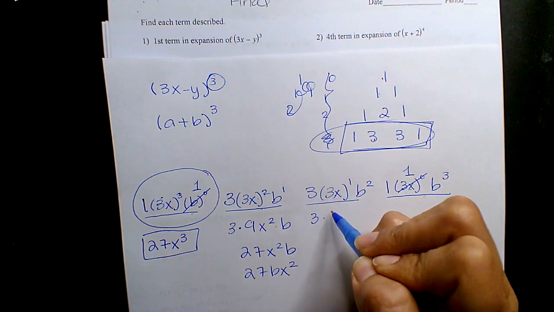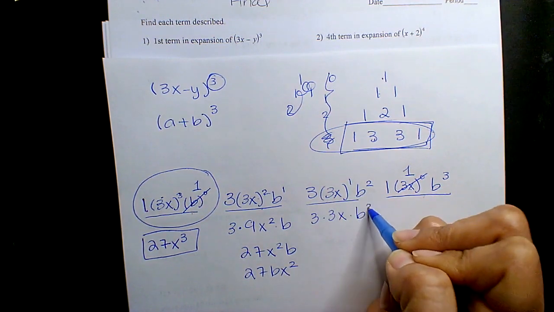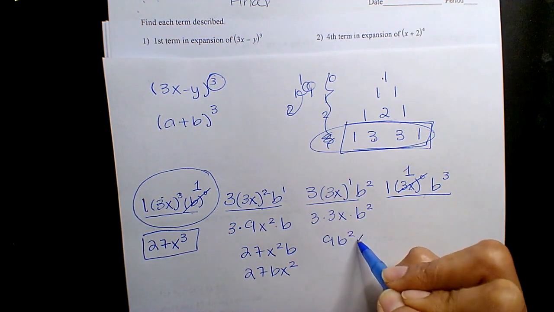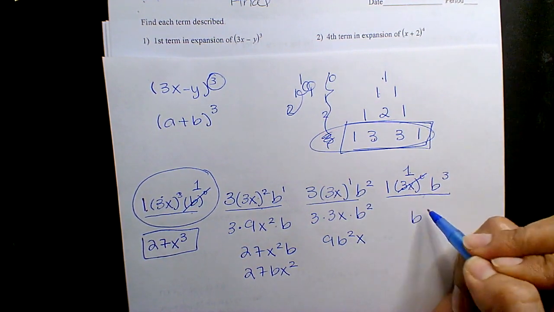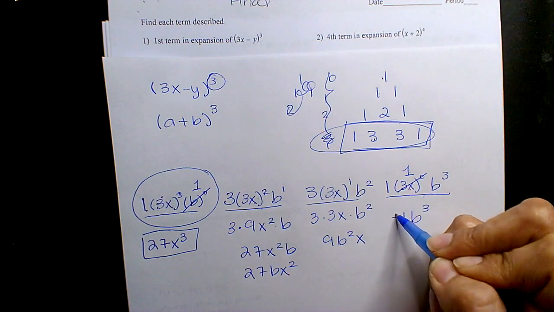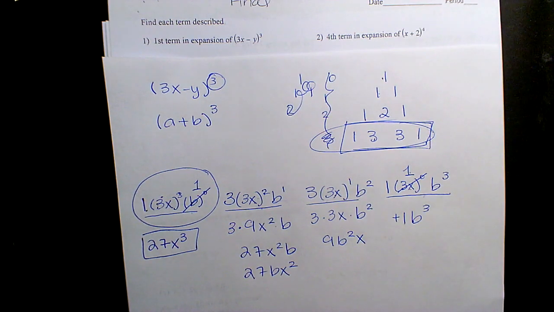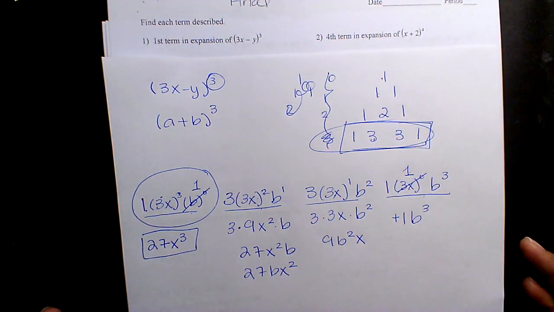This is 3, that's 3x, this is b squared, so 9b squared x, and this is 1, just b cubed. Write 1 if you want to be precise. Okay, that's the 4th term, so you guys could try that one.